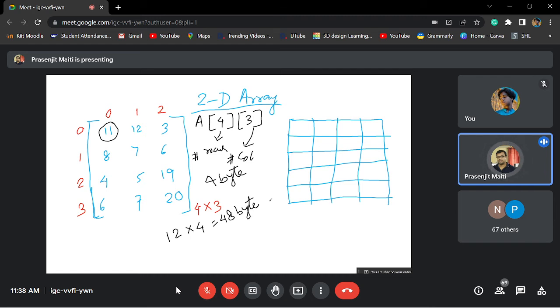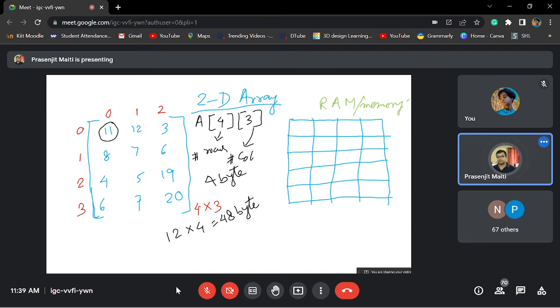Now the question comes: on pen and paper we can represent any 2D array as a matrix, but how do we store it in our primary memory or RAM? Suppose this is our RAM, actually called primary memory.